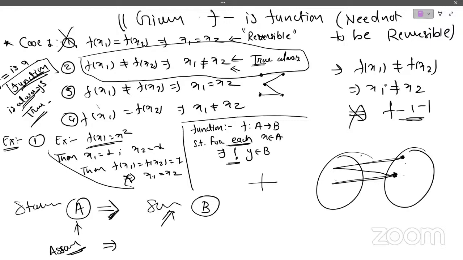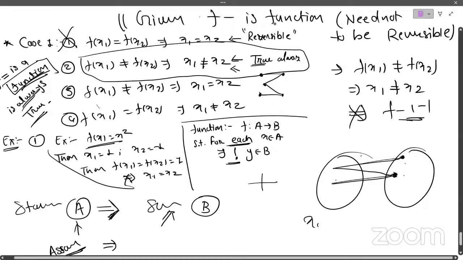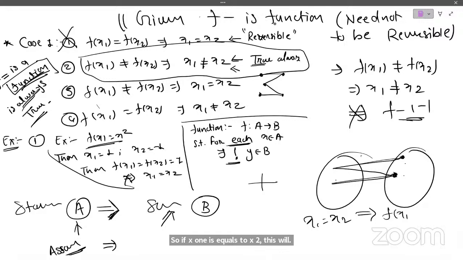But in this case, it is not a function. So if x1 is equal to x2, this will imply f of x1 equals f of x2. So f of x1 is not going this way.